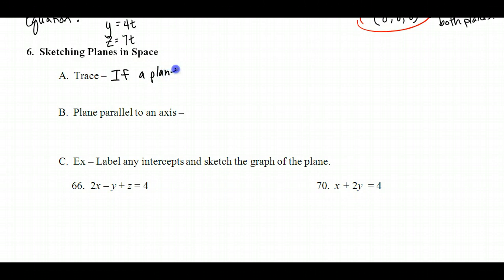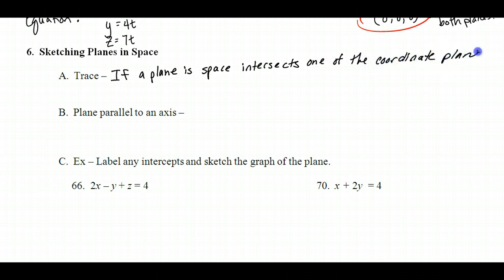If a plane in space intersects one of the coordinate planes, the line of intersection is called the trace.